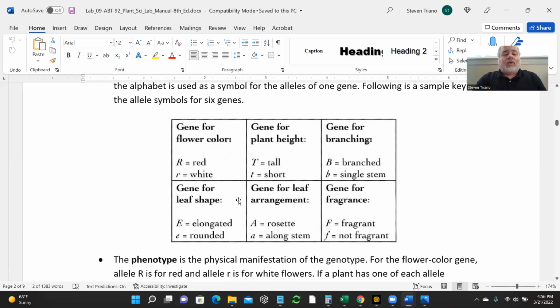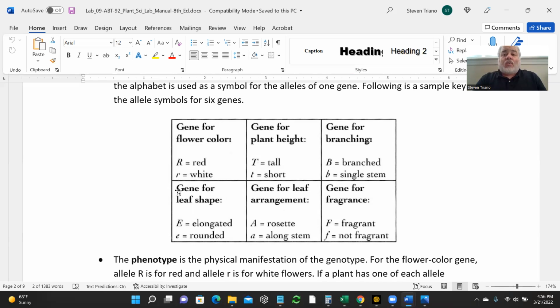Now, we're not talking about incomplete dominance, but there is something called incomplete dominance where the dominant will show through, but only partially. So for example, with some flowers, if you have one big R from one parent, a little r from the other parent, instead of getting red flowers, you get a pale red or pink flower.